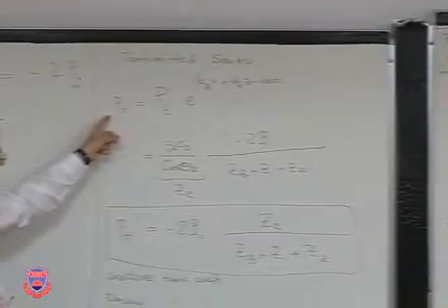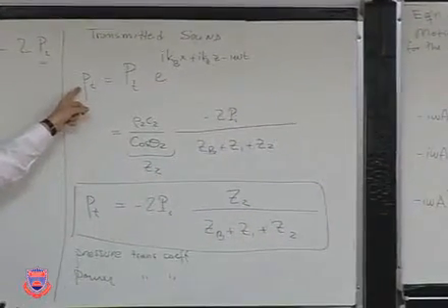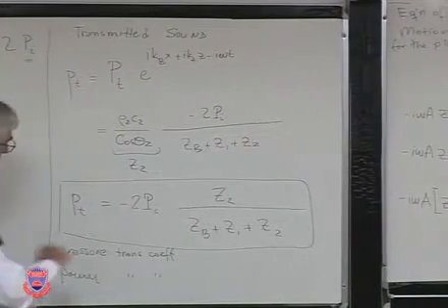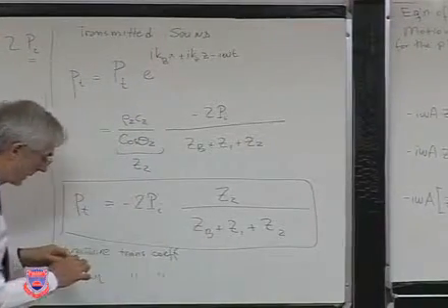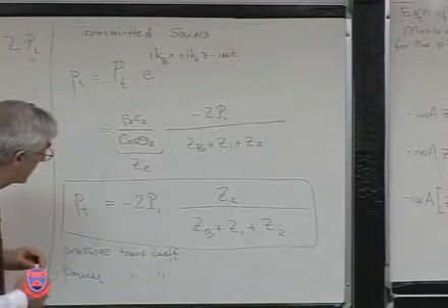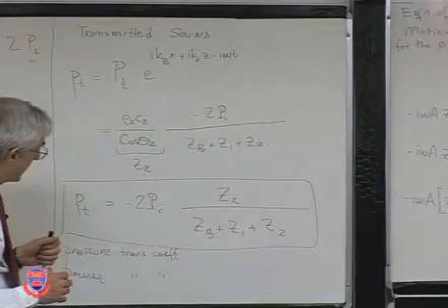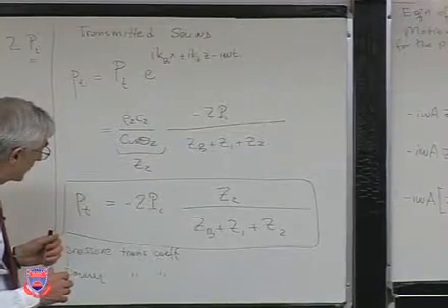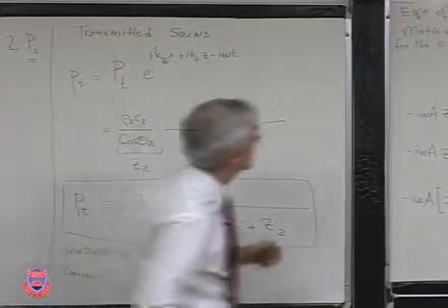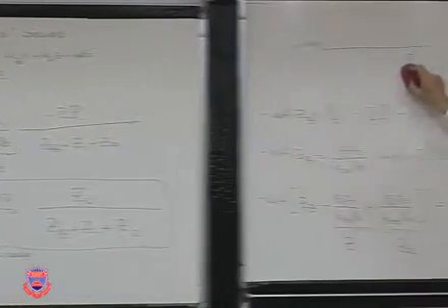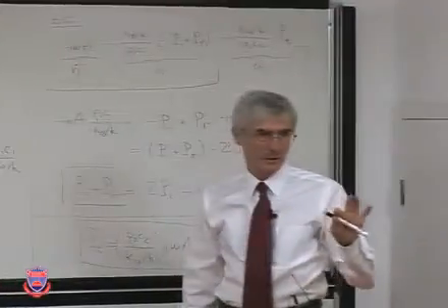So in this case, the transmitted pressure expression, we write it, and we have now this very nice compact form expression. Do you have any questions about this derivation? Clear? Okay.